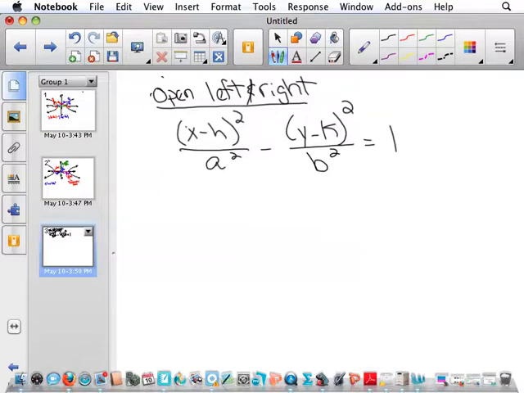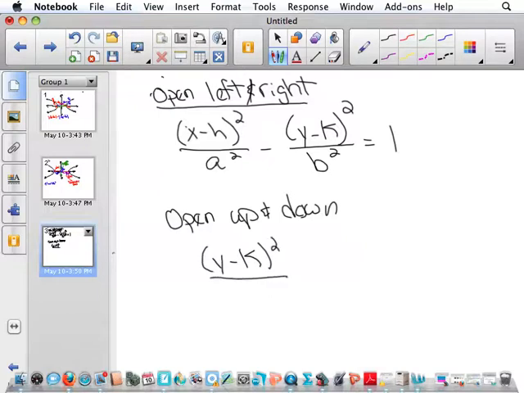So when it is opening up and down, the equation is now (y minus k) squared over a squared minus (x minus h) squared over b squared equals 1.